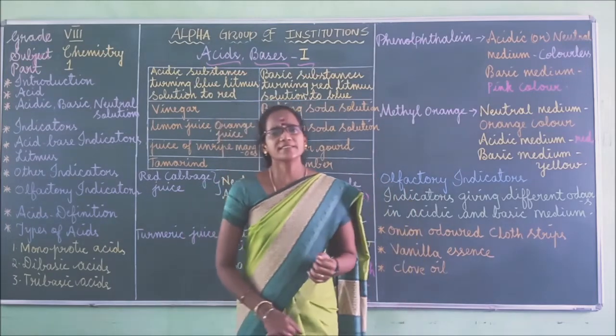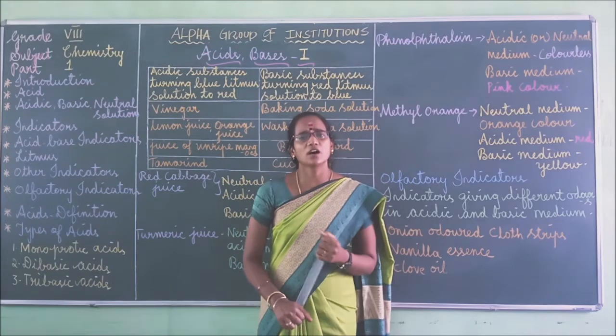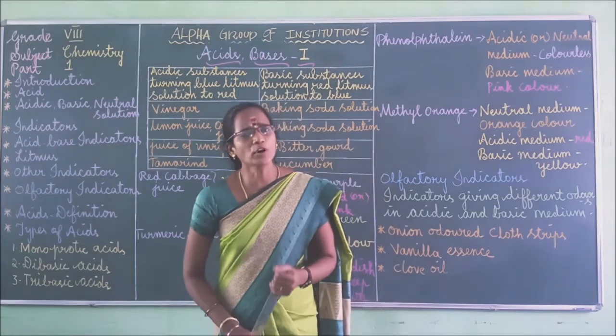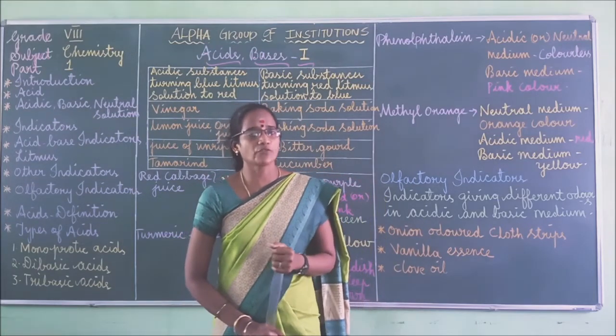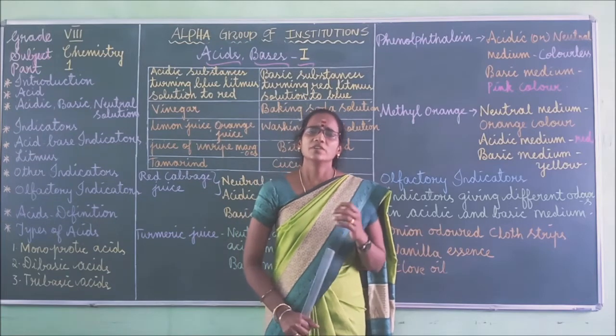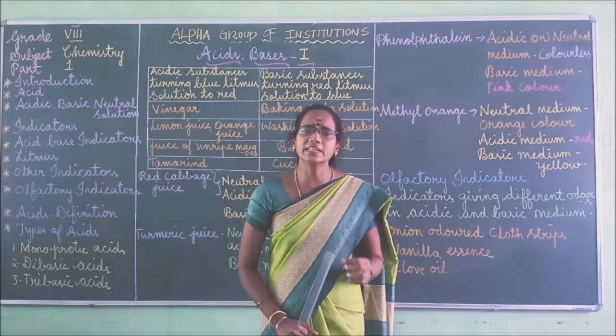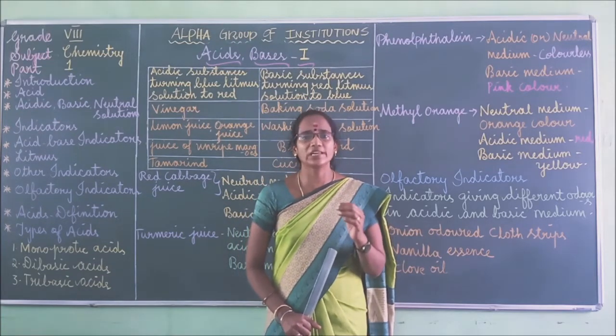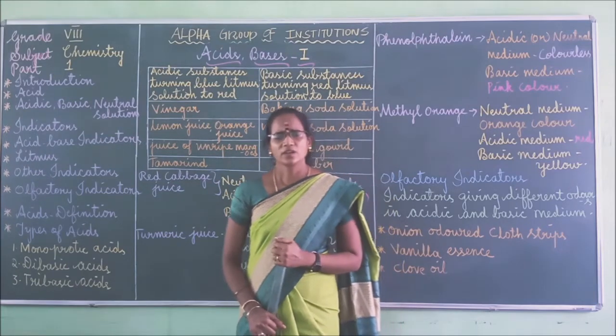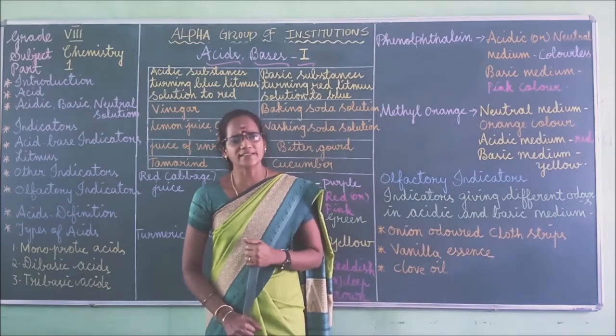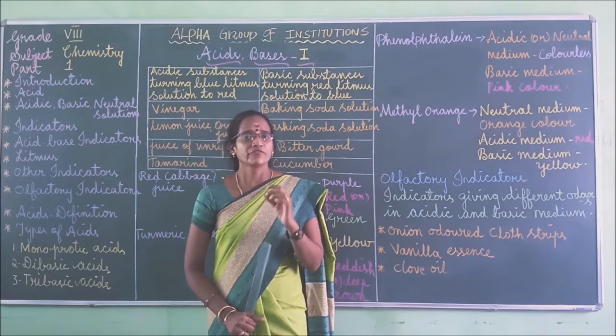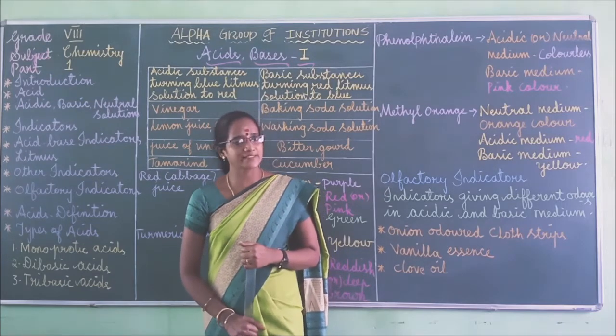So acids and bases are one of the important classifications of chemical compounds, which plays a significant role in the field of science. But what are acids and bases? First, let us learn about acids.